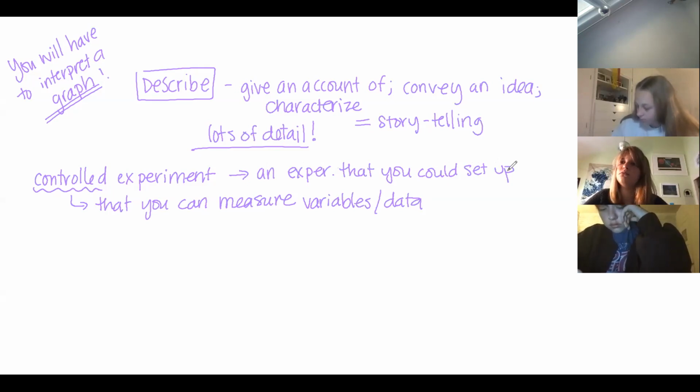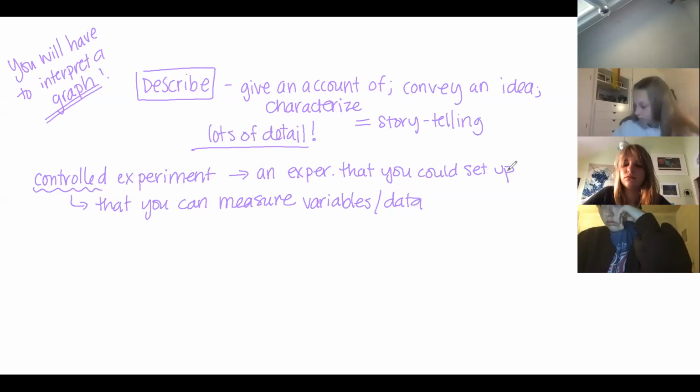An uncontrolled experiment is one that's just, hey, I'm going to look at this area and just notice. I'm going to take an account of what's going on in this environment, but not necessarily control it in any way. I'm not counting how many rabbits are there or how much rainfall there was. I'm not collecting any data. I'm not setting up any data.